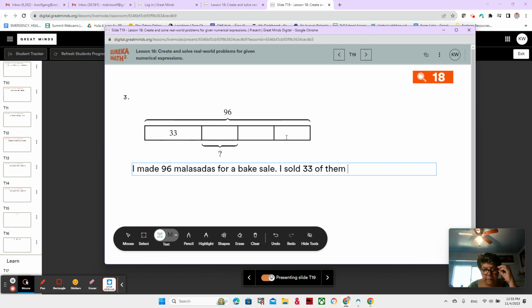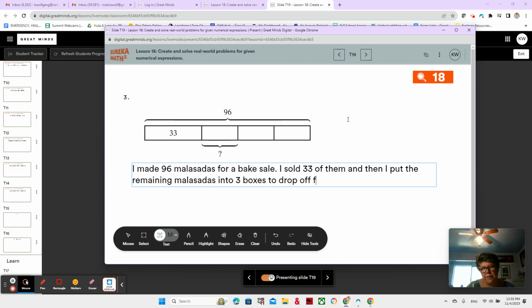And then I put the remaining malasadas into 3 boxes, all right, to drop off for my friends.